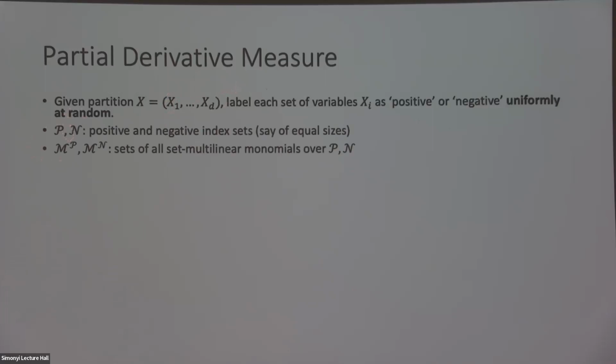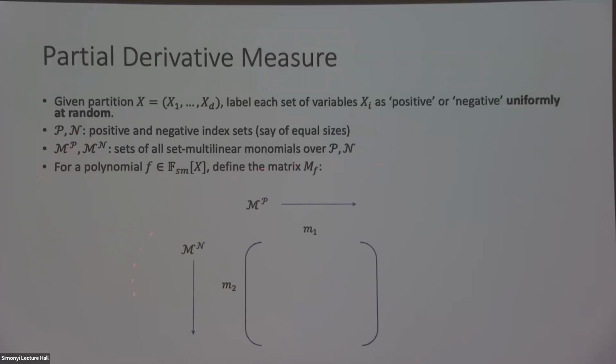I look at all the index sets that are in the positive half, and I call that the set P. I look at the index sets which got assigned a negative sign, and I call those the negative set. I look at all set multilinear monomials over the positive indices, and all set multilinear monomials over the negative indices, and I construct the following matrix. The rows of the matrix are indexed by all set multilinear monomials coming from the negative sets.